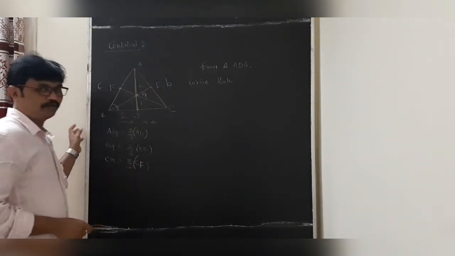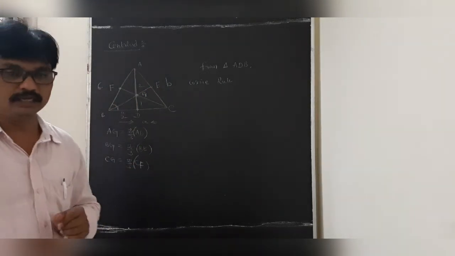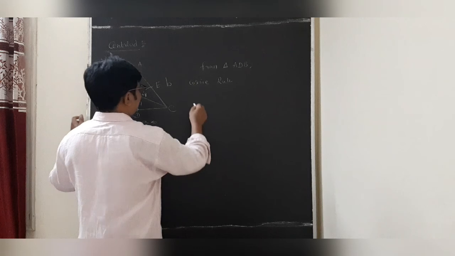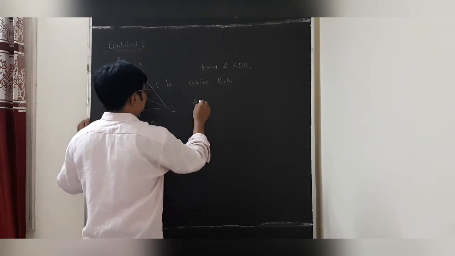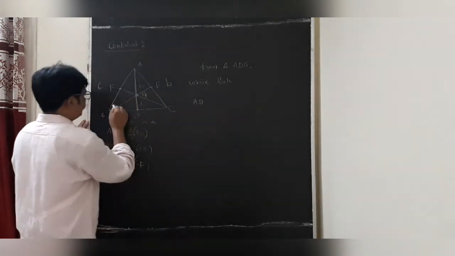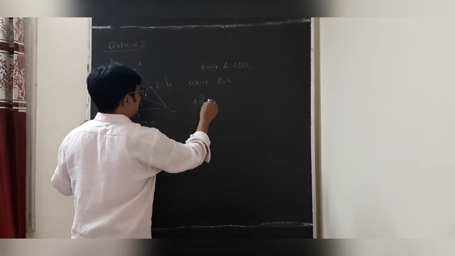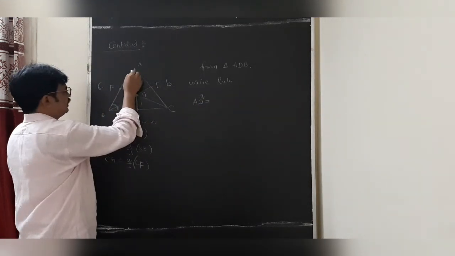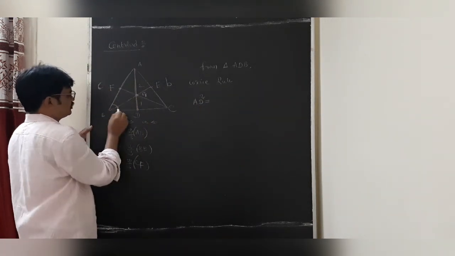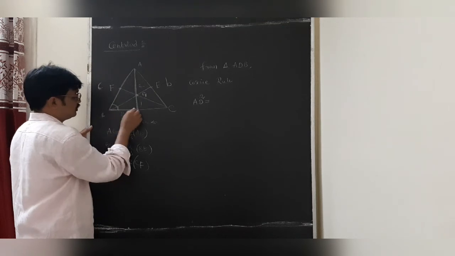Now we have to find the length of the median. Dear students, here AD square, the angle opposite to AD is B. The AD square equal to, dear student, this is c square, this is a/2 whole square.